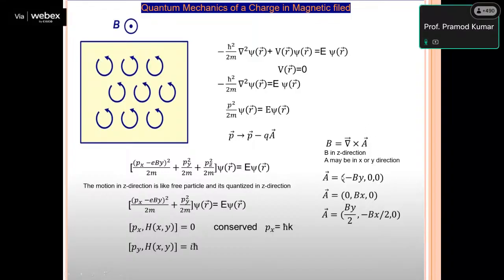We can write A in terms of B in three ways: A equal to (minus By, 0, 0), or A equal to (0, Bx, 0), or A equal to (minus By by 2, Bx by 2, 0). So we have three combinations, and if you use any one of them, you will get exactly the same result. It's not going to change anything.